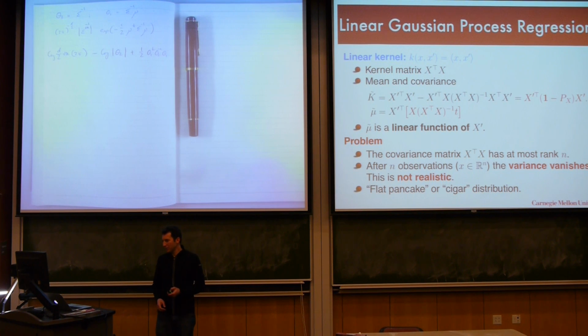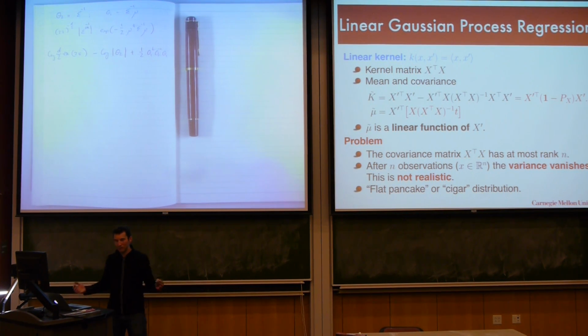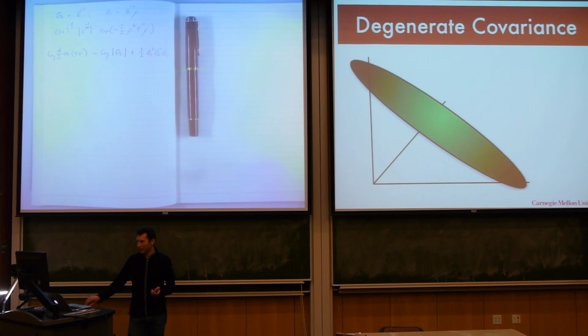That's of course being supremely overconfident in your own abilities, and that doesn't work very well. If you have something like this, you get this flat pancake shaped distribution, and this is probably not going to work so well.